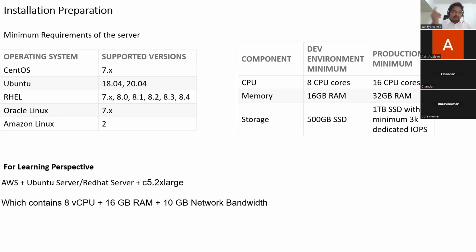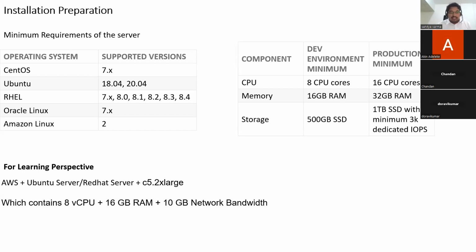100 API requests, it has to send them, get the responses, and analyze the data. So it will take a lot of RAM and a lot of CPU power, and if internet is required, it also consumes good bandwidth.